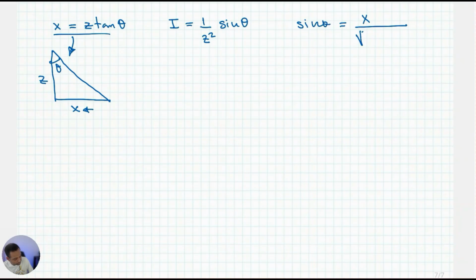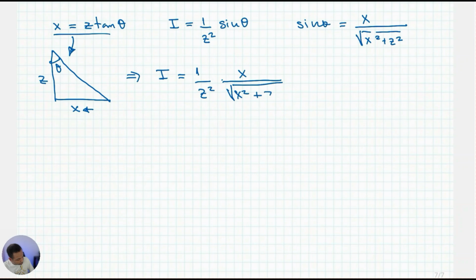The hypotenuse is root square of x squared plus z squared. Then we can write the integral like I equal 1 dividing z squared multiplying x dividing root square of x squared plus z squared. Okay, guys?